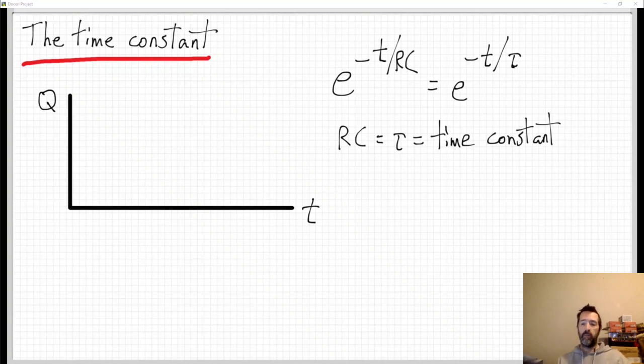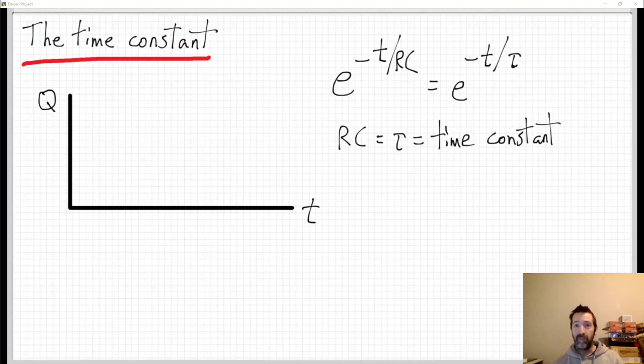Now, exponents, just like the argument of a logarithm or the argument of a trig function, have to be unitless. So the fact that the derivation led to this construction, t divided by RC, tells us that R times C must be an amount of time.